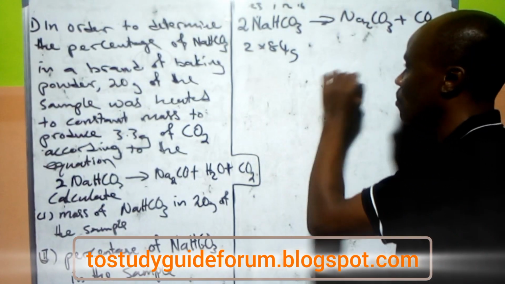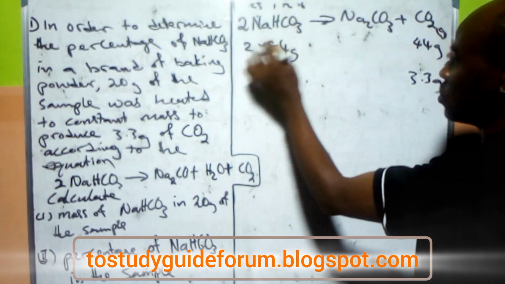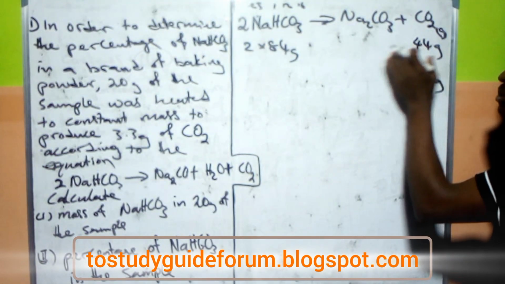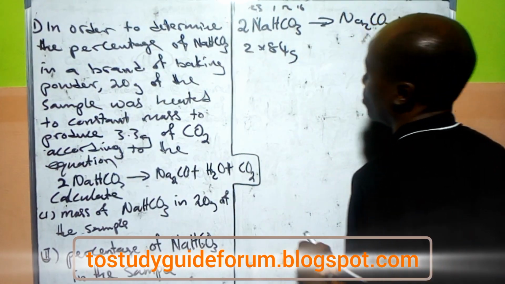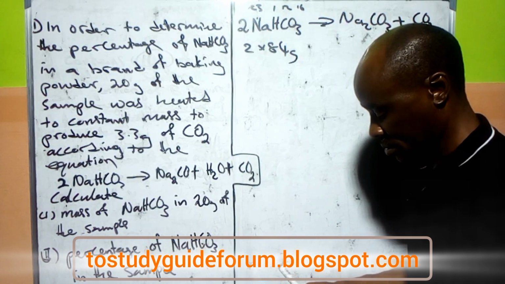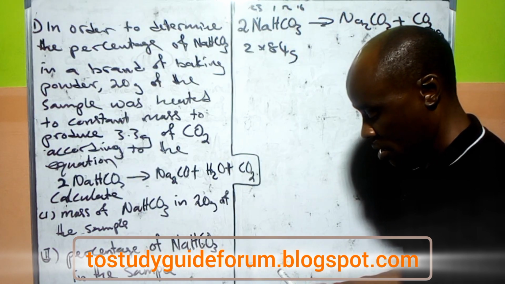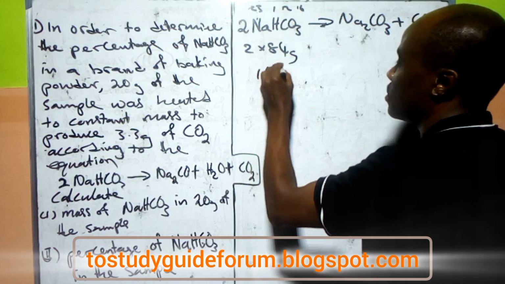We know from this balanced equation, the one given to us, that 44 grams will require, let me convert this, 84 times 2, which gives 168 grams.